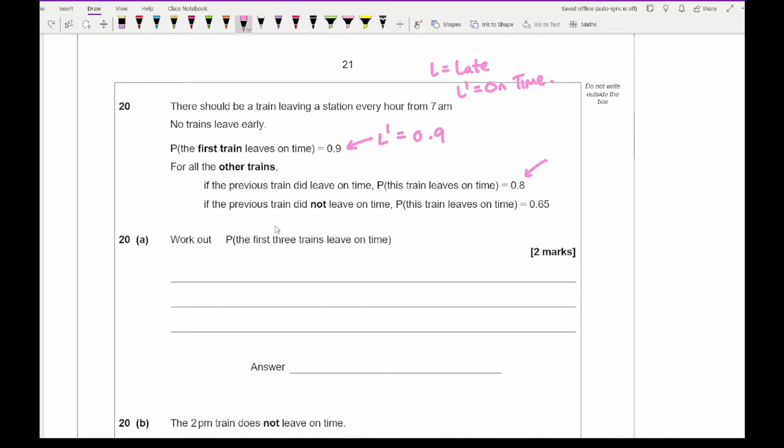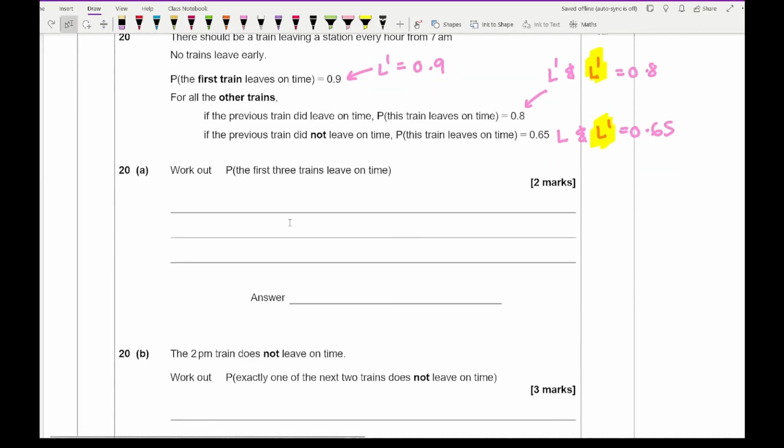Then if the previous train is on time, so not late, then that's 0.8. And if the previous train is late and this one is not late, then it's going to be 0.65. And this is the one that we're looking for.